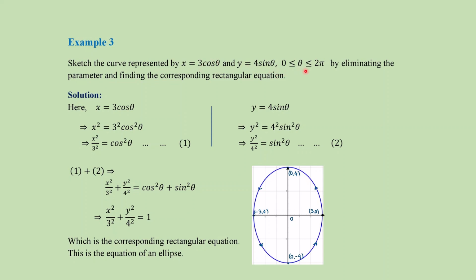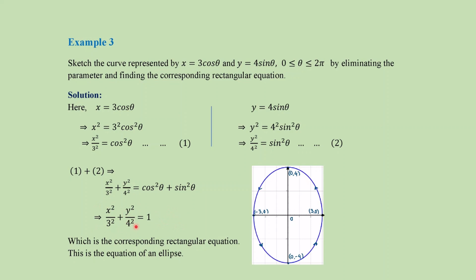So here theta is the parameter and it varies from 0 to 2 pi. Similarly, we got cosine square theta is this one and sine square theta is that one. If we add them together, we get x square over 3 square plus y square over 4 square equals 1. So this is the equation of an ellipse.